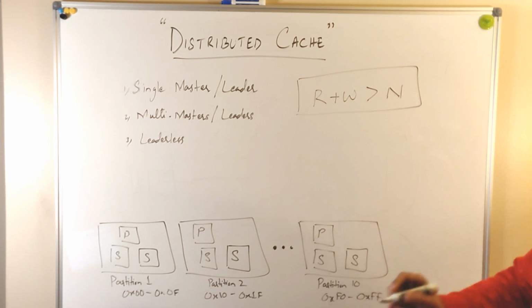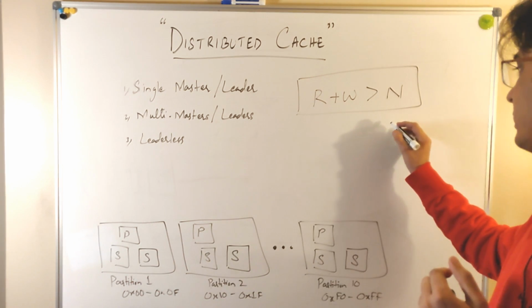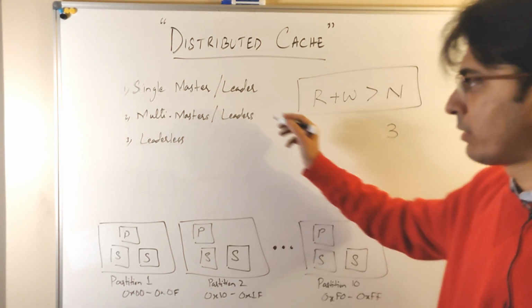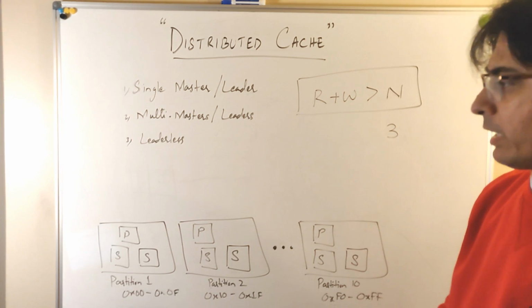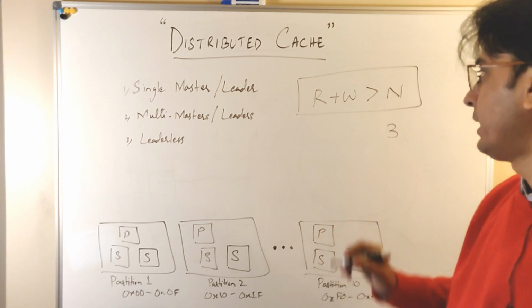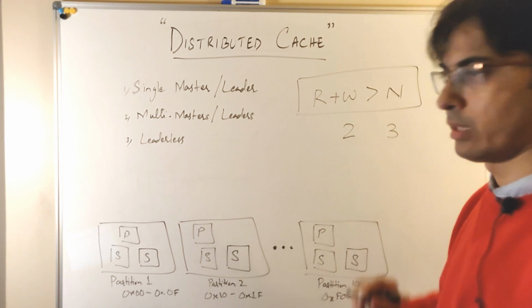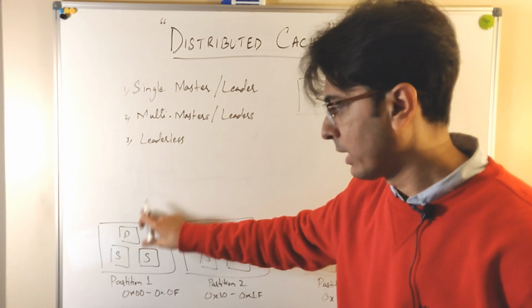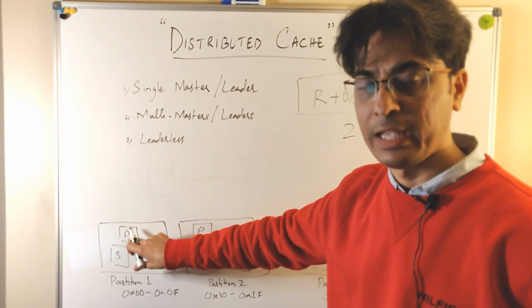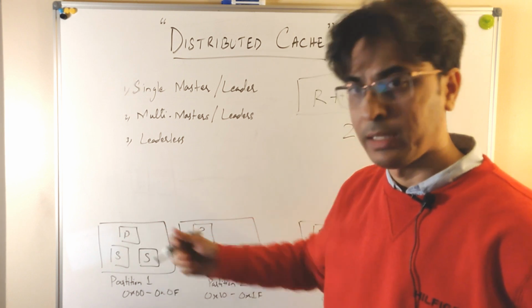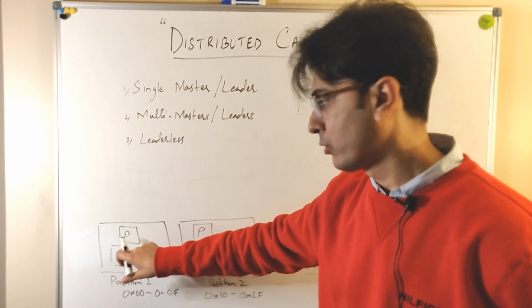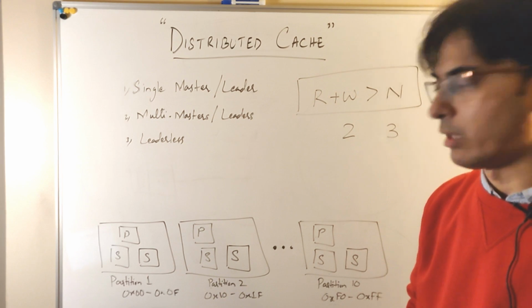In our case, each partition has 3 nodes. So whenever an insert or write happens, if we can write to at least 2 nodes, we can say the write is successful. Let's say a write call comes to the primary. The primary writes to itself, and it sends the write request to the secondary servers.